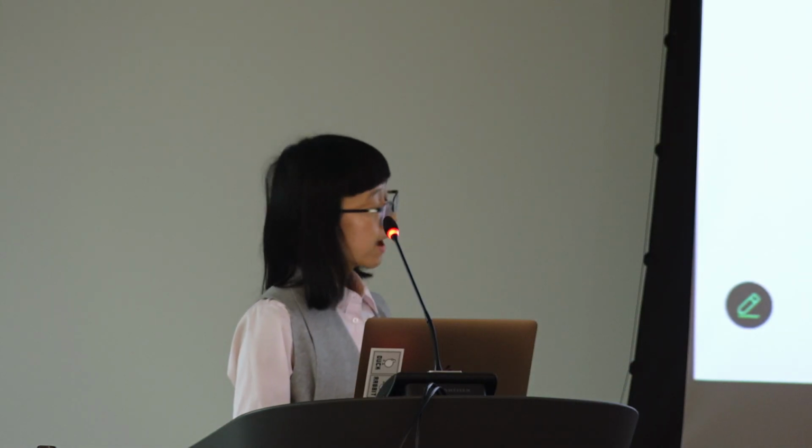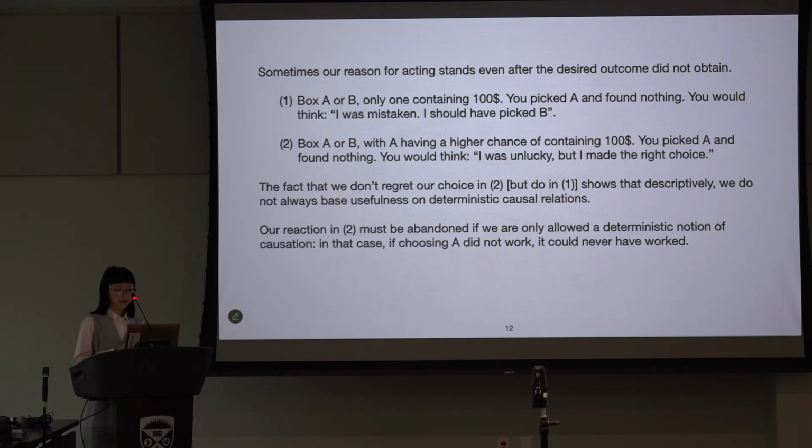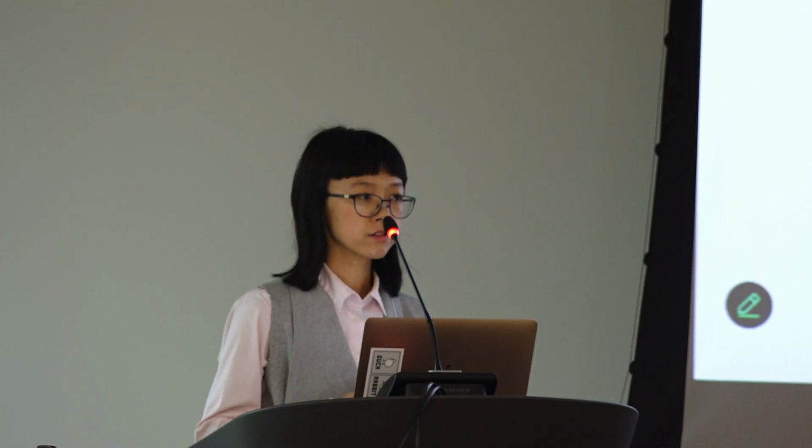And in fact, our reaction in the second scenario must be abandoned or refuted if we are only allowed access to a deterministic notion of causation. Because in that case, if choosing A did not work, it could never have worked, given everything else in the past being fixed.